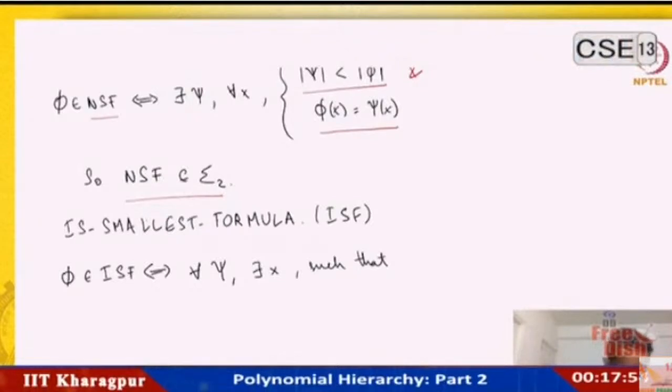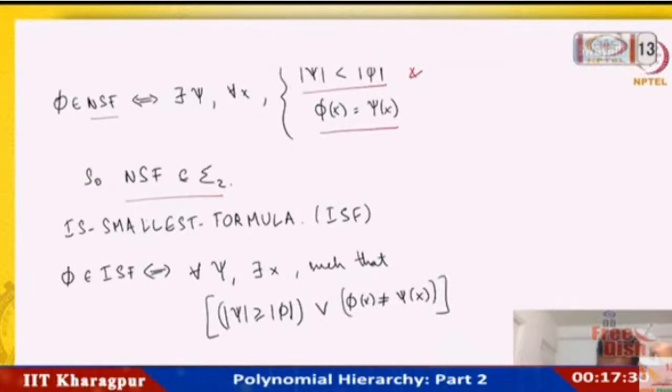So one way to write it is the size of psi is either bigger than the size of phi, or phi(x) is not equal to psi(x).